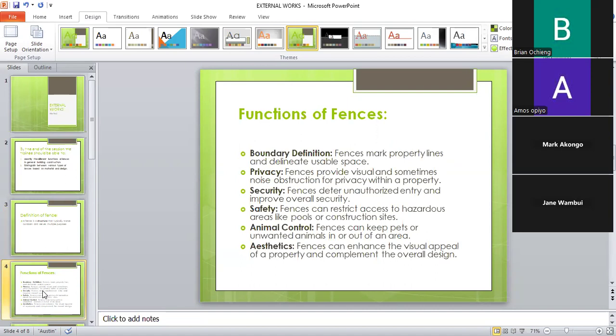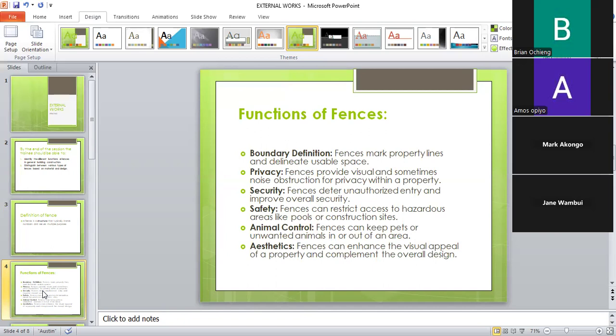One, boundary definition: you can use a fence to mark property lines and delineate usable space. The second one is privacy, meaning a fence provides visual and sometimes noise obstruction for privacy within a property.